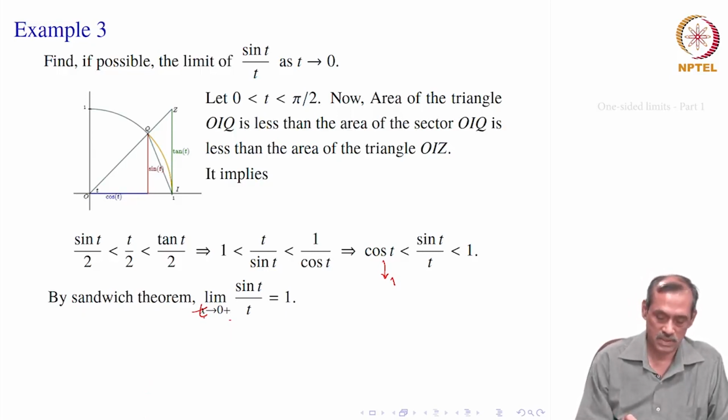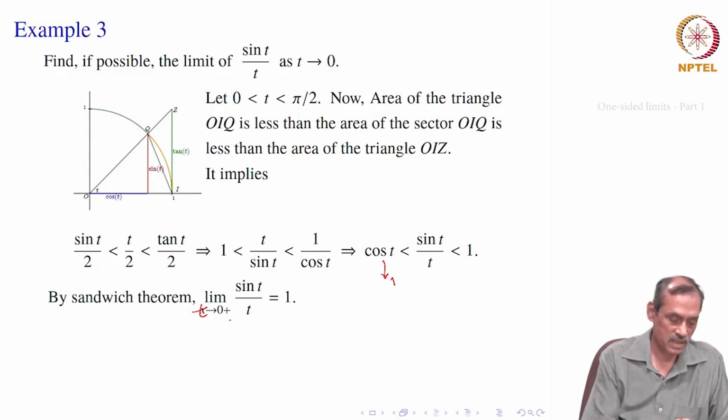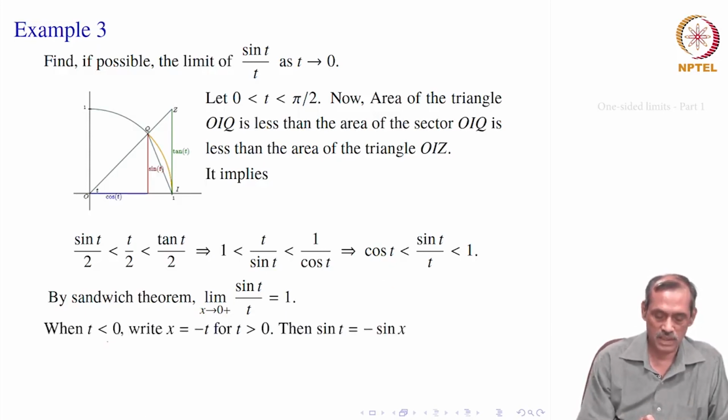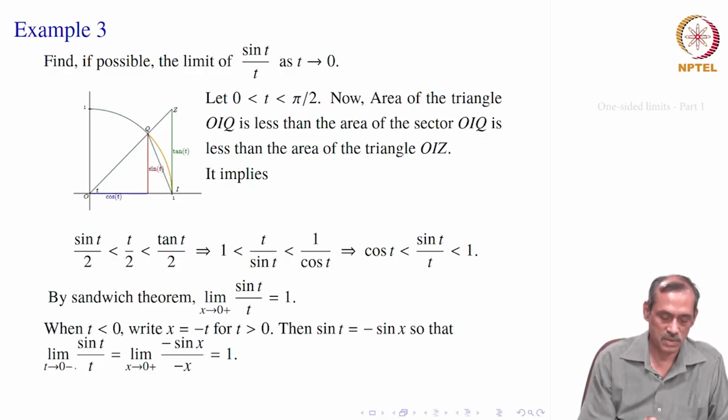Well, instead of T, let us take minus T. So, when T is less than 0, write x equal to minus T for T bigger than 0. Now sin T equals minus sin x, and we want to find the limit as T goes to 0 minus of sin T by T. So this becomes the limit as x goes to 0 plus of minus sin x by minus x, which is the limit as x goes to 0 plus of sin x by x, which is here.